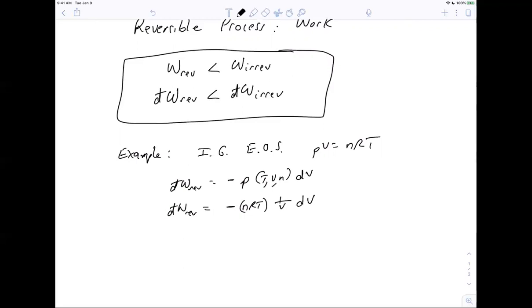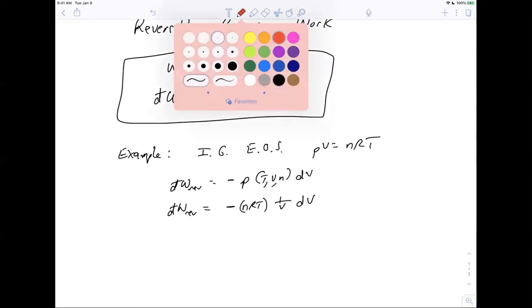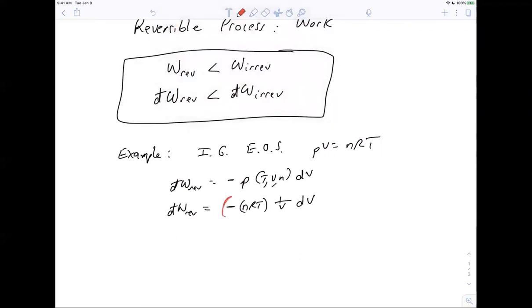So all of this, and I'm going to make that red just so you know, this in red is our integrand. And then the dV is signifying that this is a differential form. So what's in the red parentheses is the integrand.